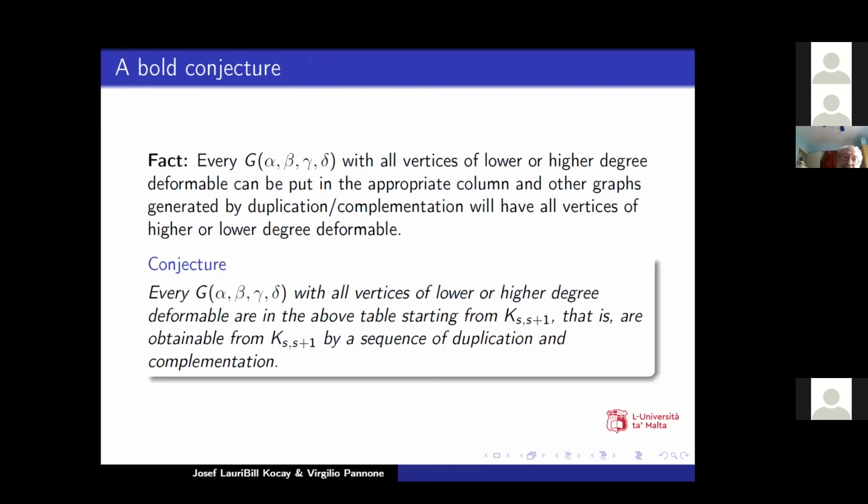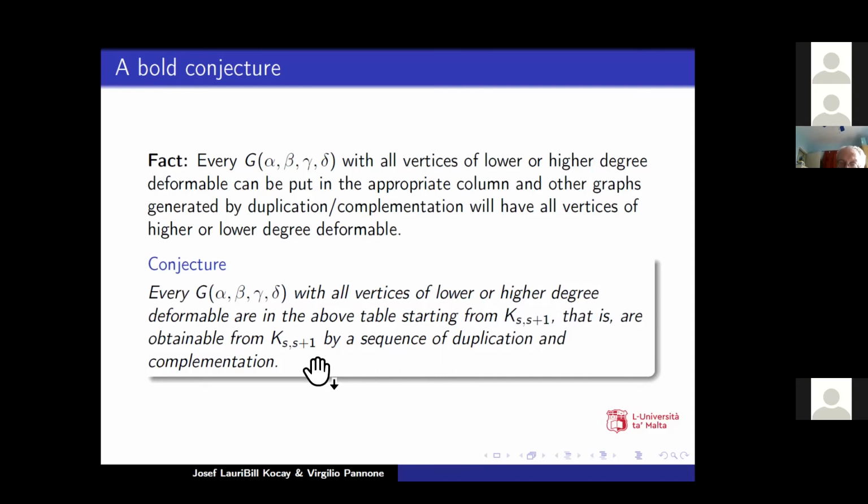But the conjecture is this, that every graph of this type, which has either all vertices of lower or all vertices of higher degree deformable, is in the above table. Therefore, they can be generated starting from K_{S,S+1}.